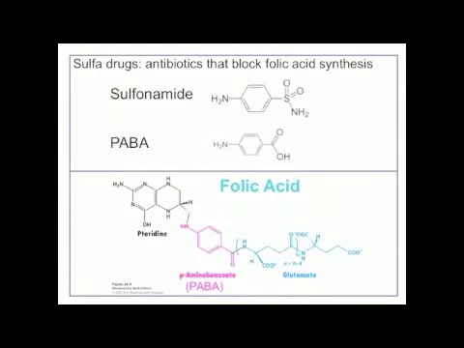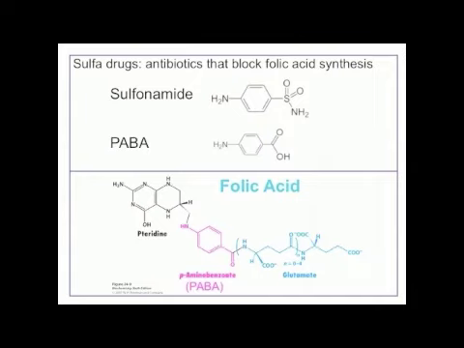Folic acid is necessary for the production of thymidylate. We take in folic acid in the diet. We cannot make folic acid. However, bacteria can make folic acid, and one of the things they use to make folic acid is PABA. This is p-aminobenzoate. In order to block folic acid production in bacteria, we can use sulfa drugs.